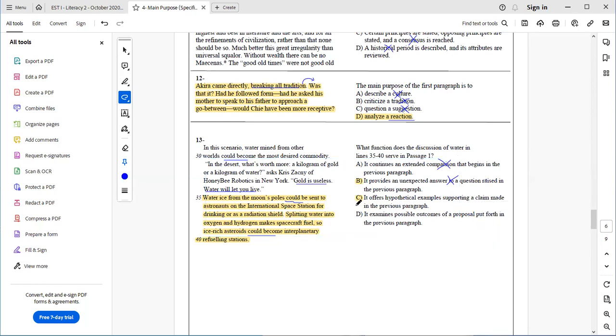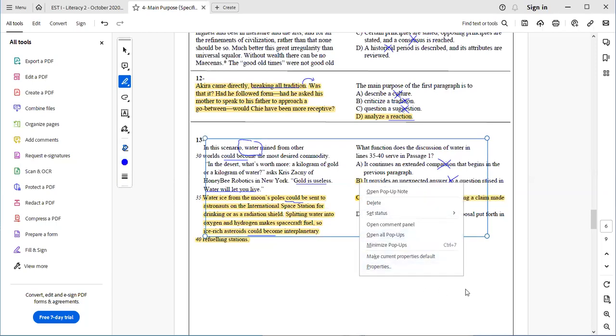Let's look at C. It offers a hypothetical example supporting a claim made in the previous paragraph. Yes, because here he talks about water. There's a claim, and here he gave us hypothetical examples related to it. So the answer is C. Okay, Hala?